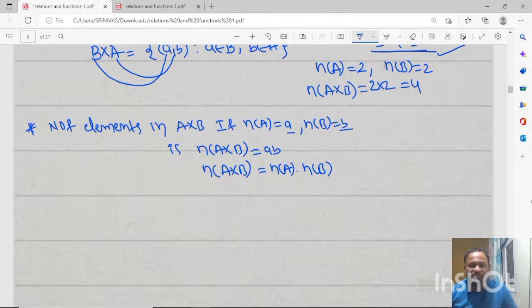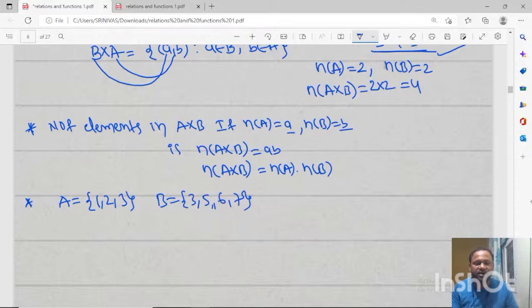Very simple. And I will give one question. Suppose A is equal to the set of all 1, 2, 3. B is equal to the set of all 3, 5, 6, 7. Then N of A cross B, how much will the answer be? Can you say, anybody? What will be the answer?